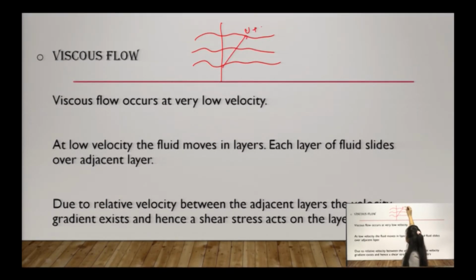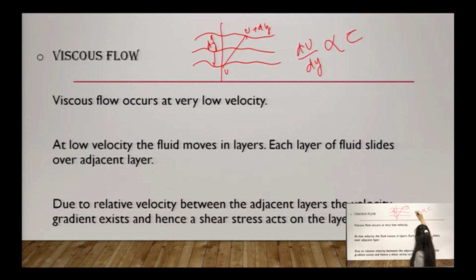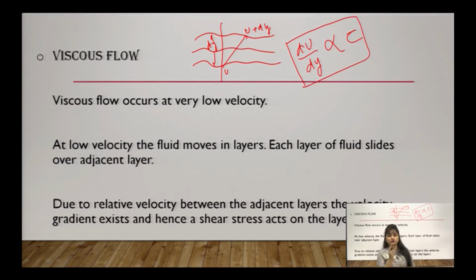If the upper layer is at u plus dy, and dy is the depth, and here it is u, then you will notice that del u over del y is directly proportional to the shear stress. It is the same equation we started with in the properties of fluid.